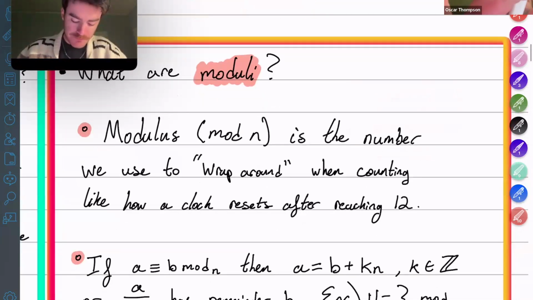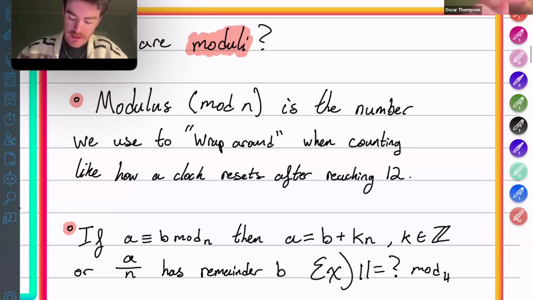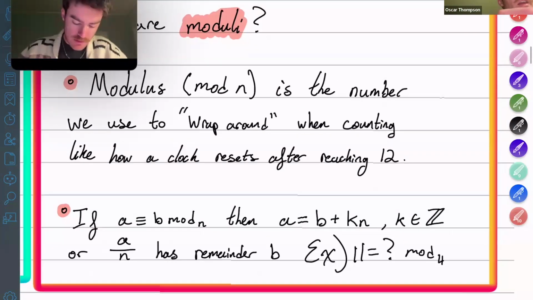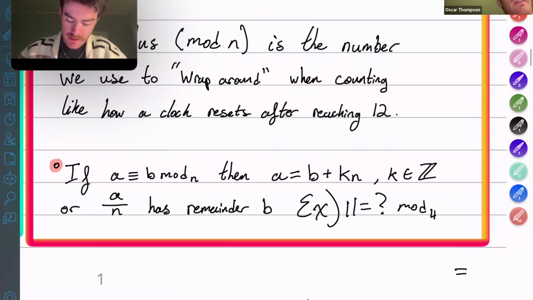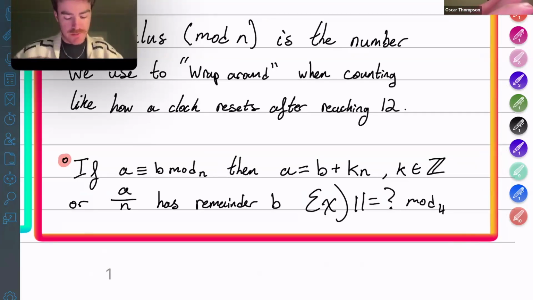So another way of thinking about mods is if A is congruent to B mod n, then A equals B plus kn, where k is an integer, or A divided by n has a remainder of B.